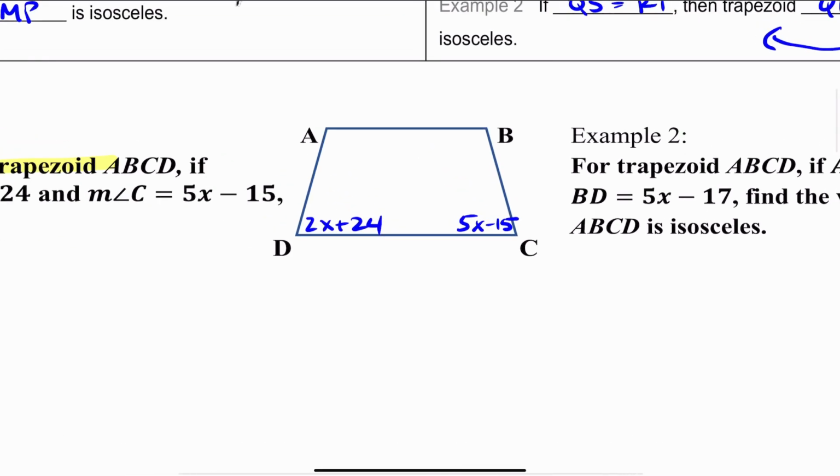So that means that these lines are parallel, and these are my legs, the non-parallel sides. And since this is an isosceles trapezoid, those legs are congruent.